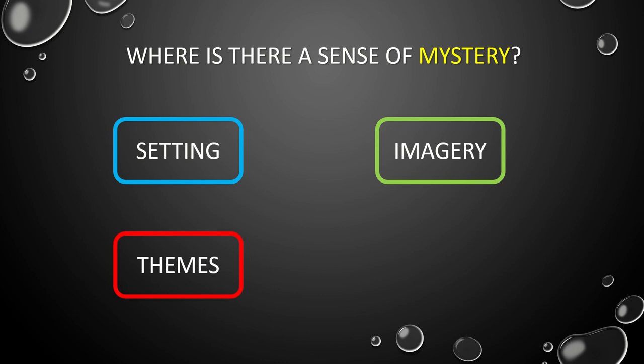Themes-wise, there is a real sense of confusion. If you've done question 3, and ideally I would like you to have watched that video, in question 3 there is a real worry in him. He doesn't trust her, which is an idea that goes right the way through it. That means that's a theme. There is a real sense of confusion from start to finish, which builds the sense of mystery.